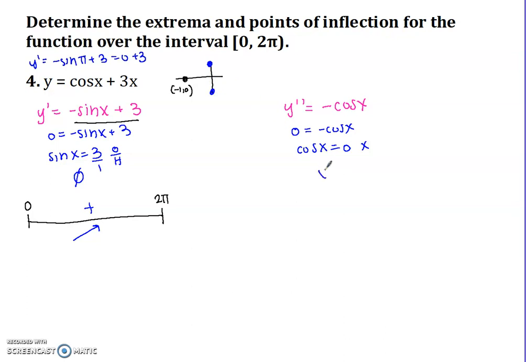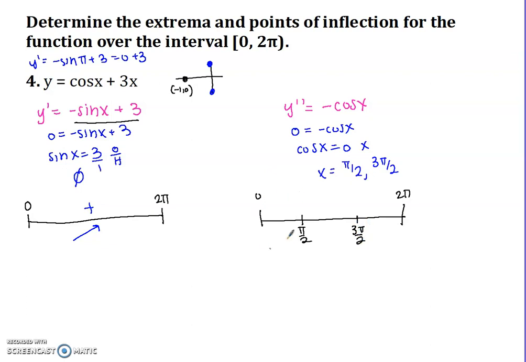So that is going to give me pi over 2 and 3 pi over 2. I'm still cutting off my number line at 0 and 2 pi, but I can plug them in here since I didn't actually get these values. So I can use those numbers to test the intervals if I want to.